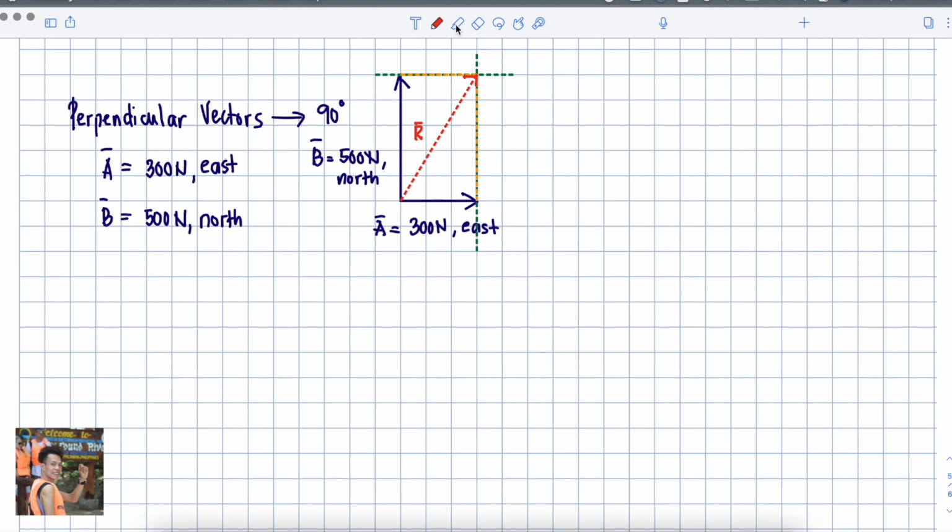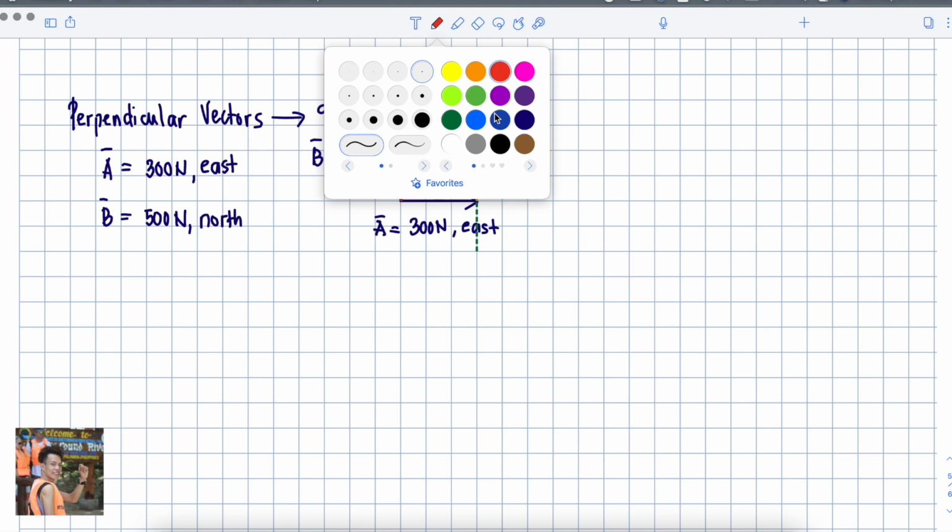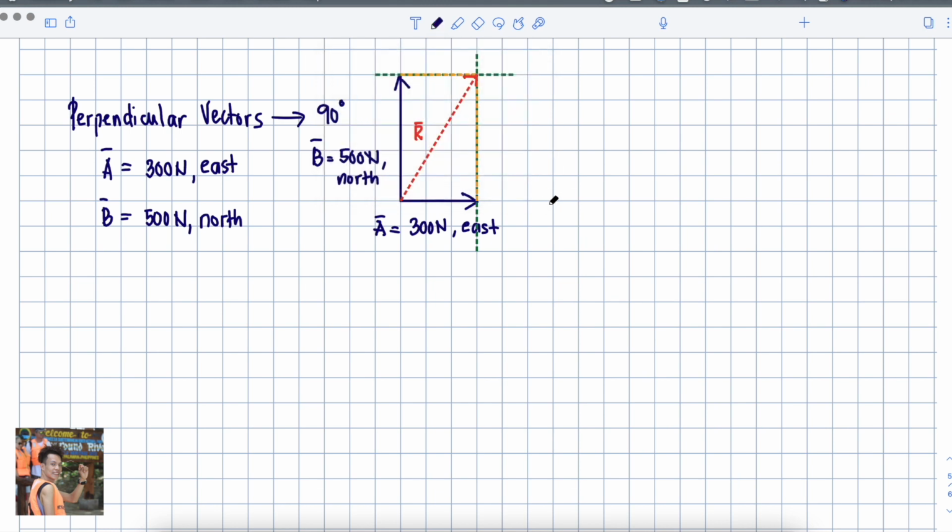Now, using the tip-to-tail method or the polygon method, we could do it like this. We have vector A that is 300 newtons going to the east direction, and we also have vector B, 500 newtons to the north direction.